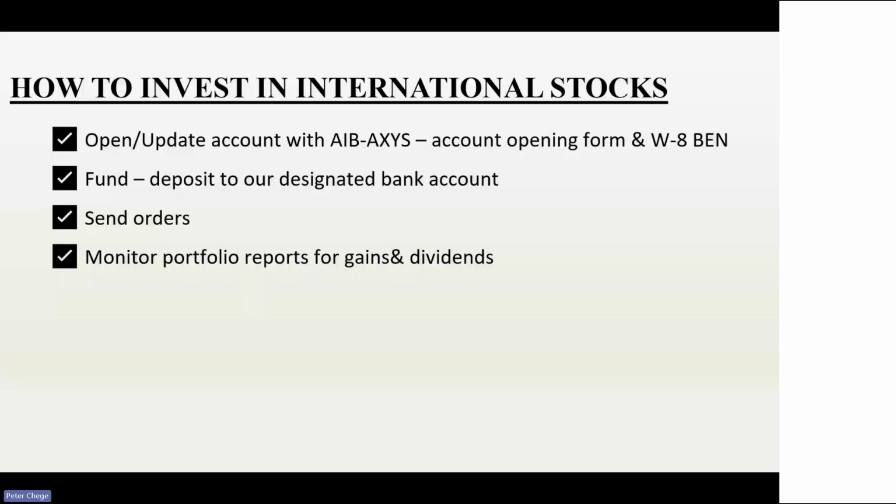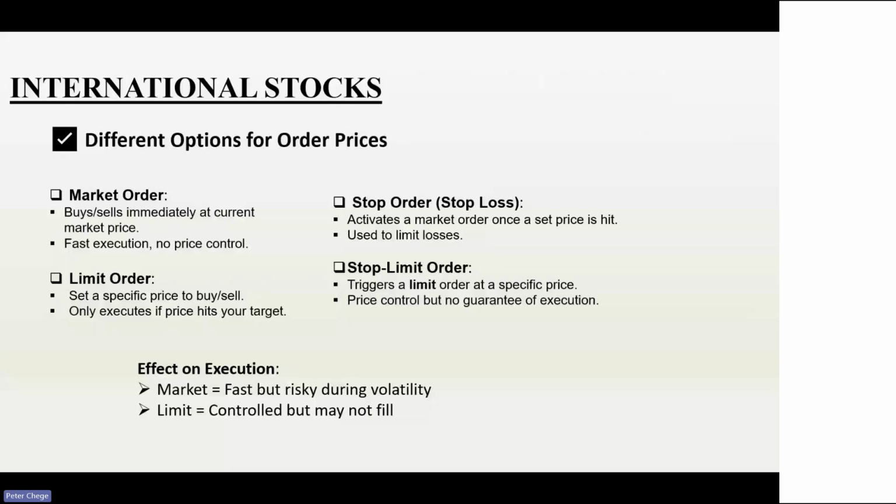So there are different options for your order prices. As we are used to NSE, we have market orders and limit orders. So market orders is where you set an order without a price. You are saying, go to the market and pick me at the current prevailing price, just the same way you do at NSE.